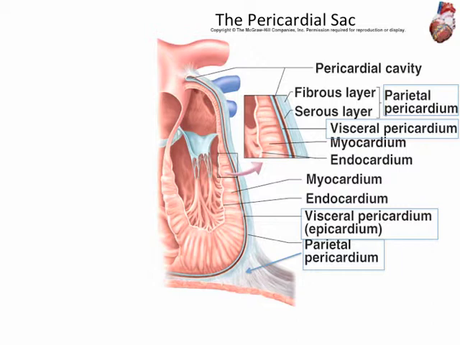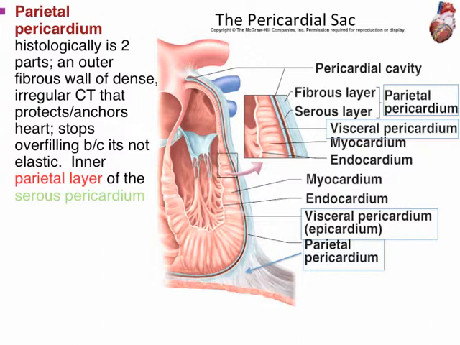So find the parietal pericardium, and you see that the parietal pericardium has two layers, the fibrous and the serous layer. And then there is the epicardium, and the epicardium has a visceral component to it. And remember, the visceral and parietal pericardium together are just a continuation of a serous membrane that secretes serous fluid.